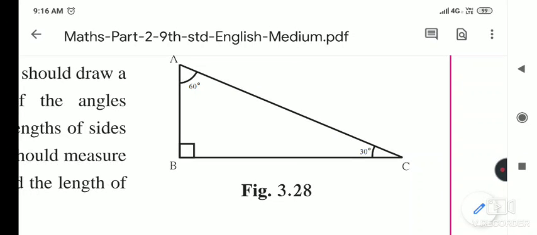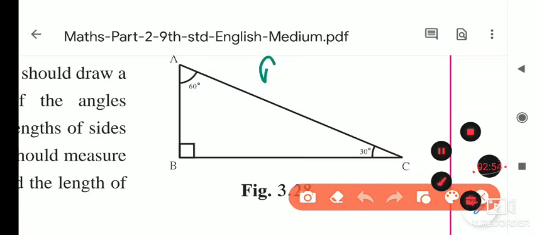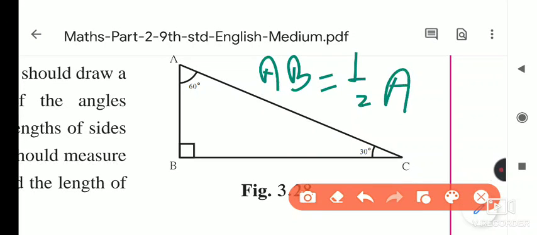AC is the hypotenuse, so we can write AB is equal to half of AC.